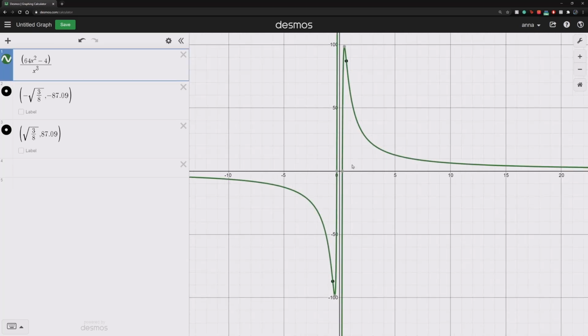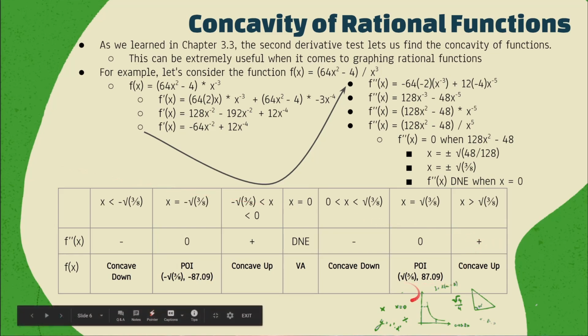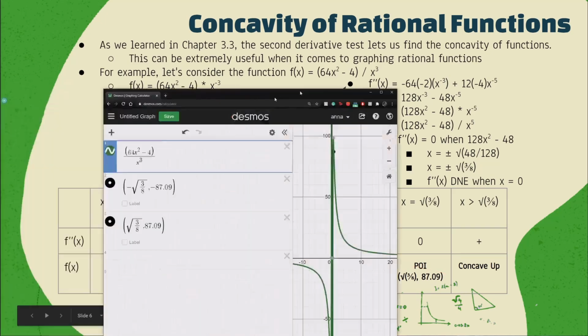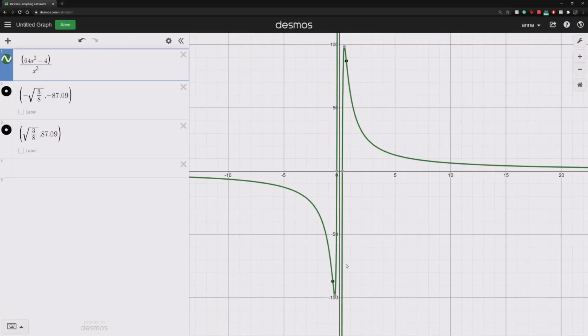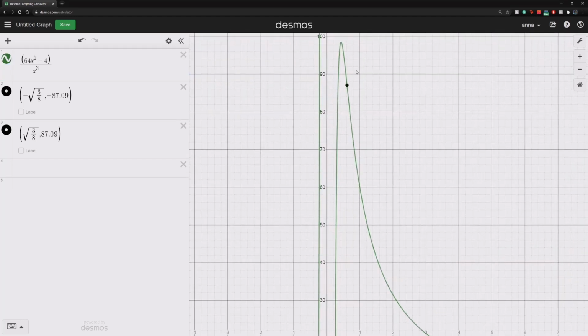Then we said that we should be going concave down until our point of square root of 3/8, 87, and then we will go concave up. So if we look at our graph again, we're going up but it does seem like over here especially we've been looking at a frowny face, so it was indeed concave down.